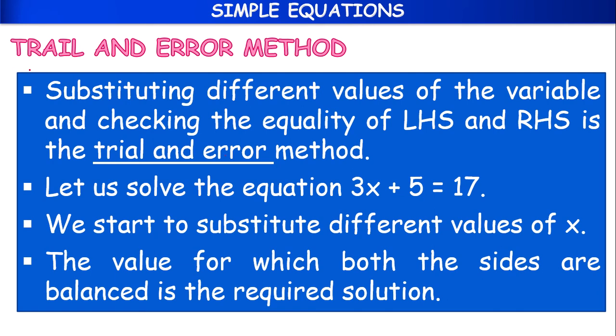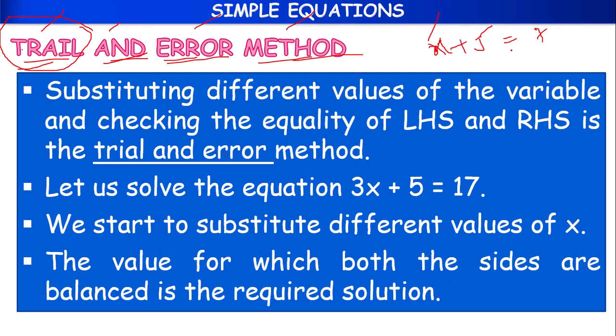Okay. Trial and error method. Trial and error method means if we know the equation like x plus 5 equal to 7, so we have to try some values. We have to try to place some values in the x, and if error comes, that is not true, let's go with the next value.